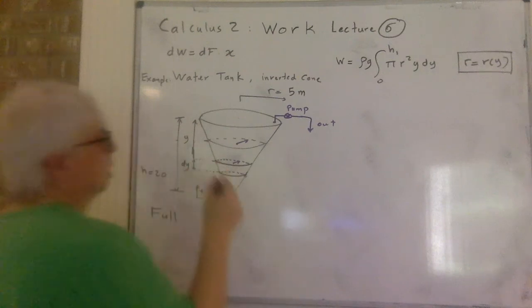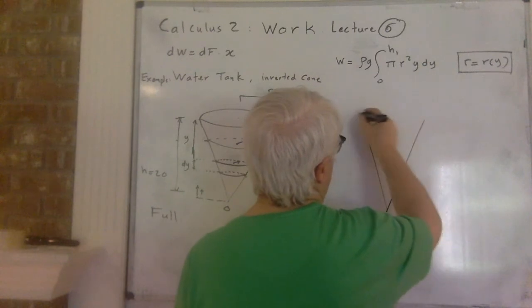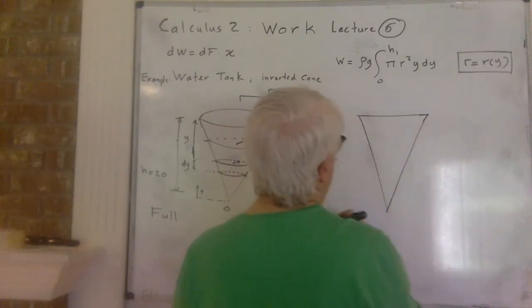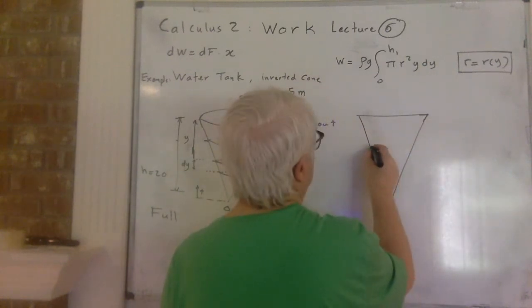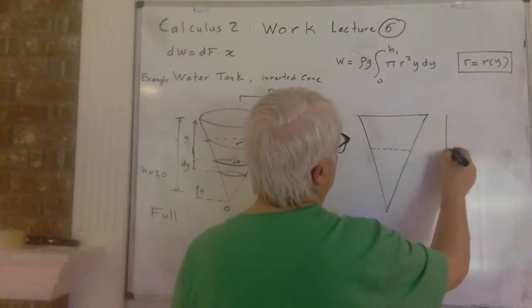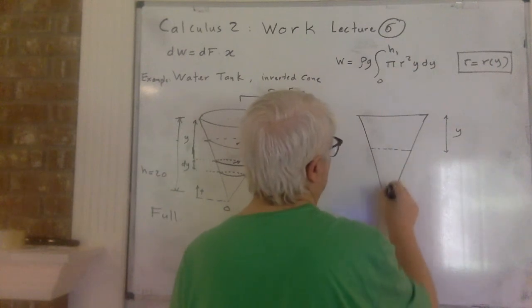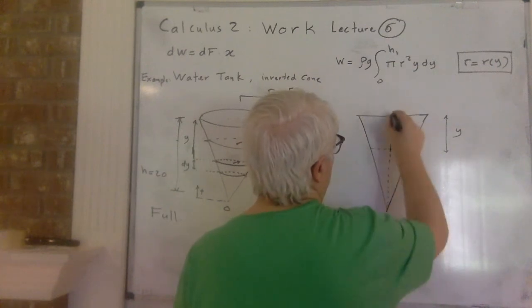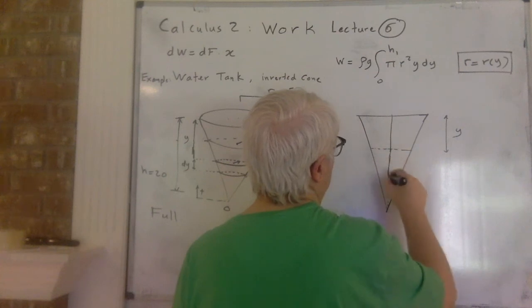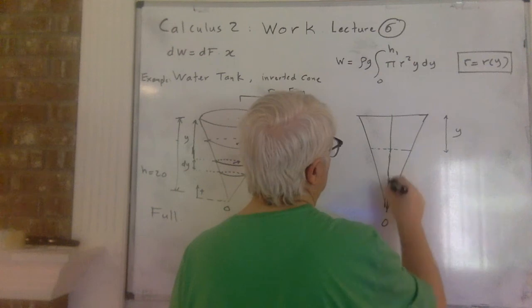Cut, look, and we have this. This is at the y side. So this distance is y. And let's say this is point O and G.